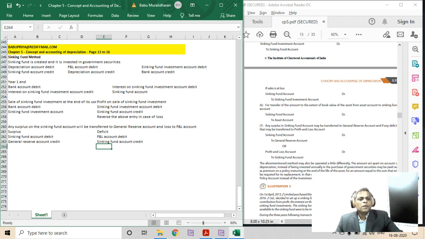This is a pretty simple method, but normally it is not used because of its inbuilt challenges. The interest has to be calculated, the amount has to be reinvested, and the asset value cannot be changed, so every year the asset value will not show the exact amount in the books.